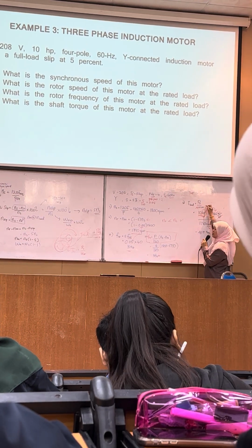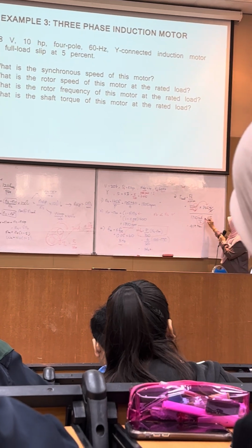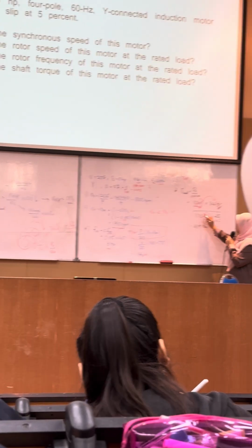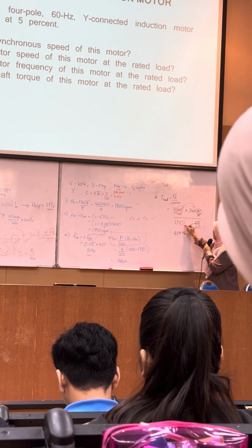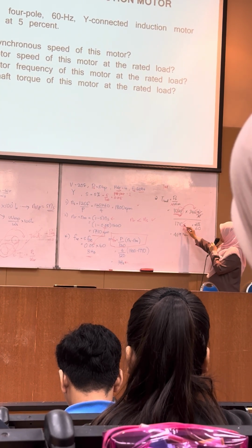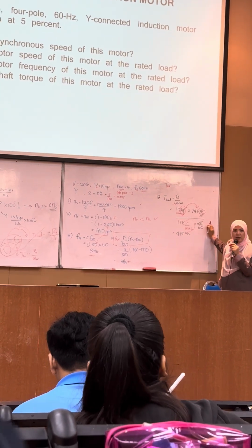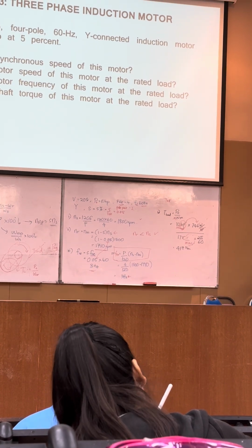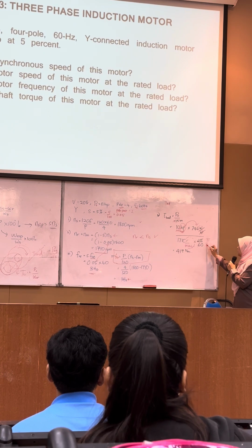Okay? Omega in radian per second, so you need to convert ke dalam radian per second. RPM ni sebenarnya 1710 RPM, round per minute. Okay? To convert to radian per second, you need to multiply with 2 pi over 60. But to reduce common mistake, saya suka buat pi over 30 je.